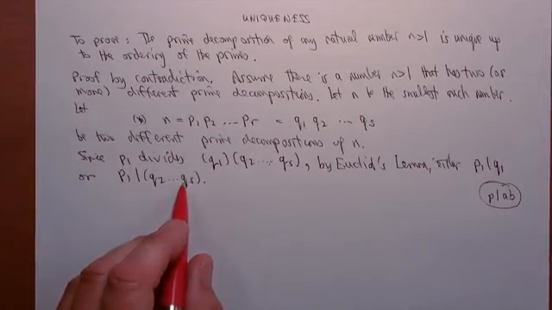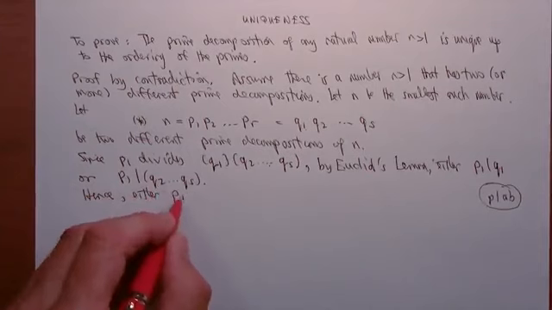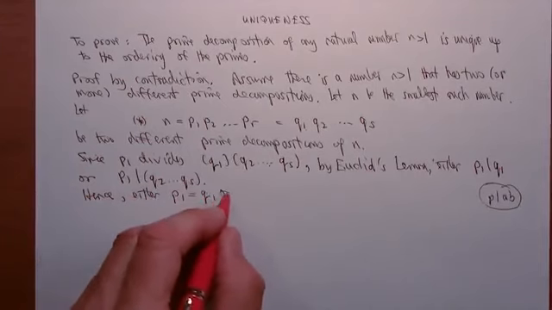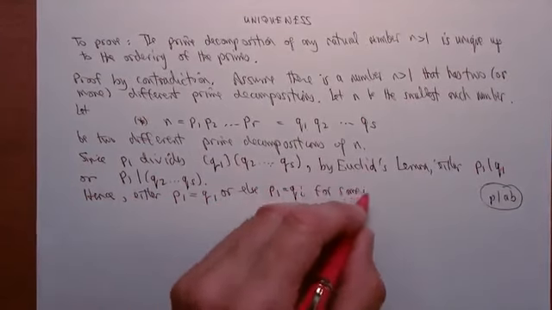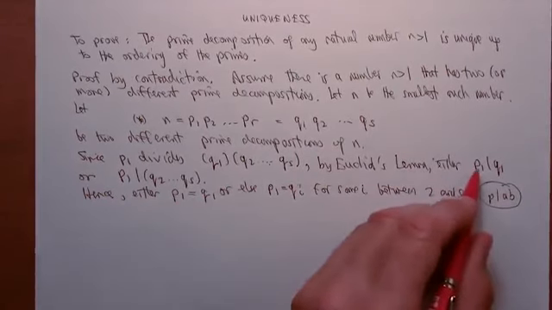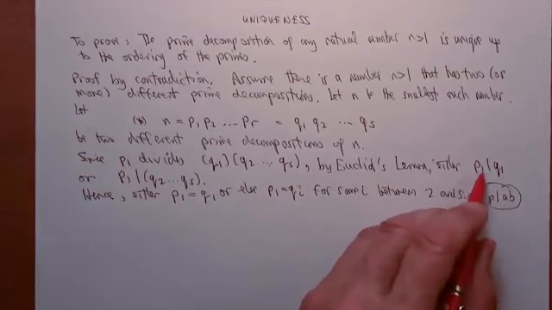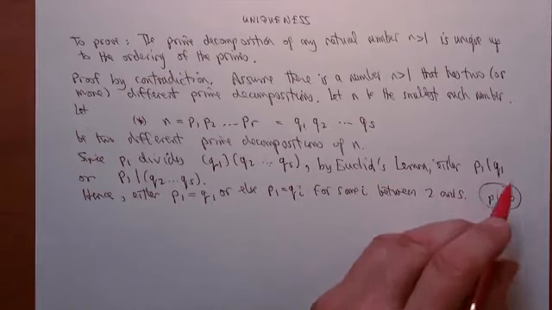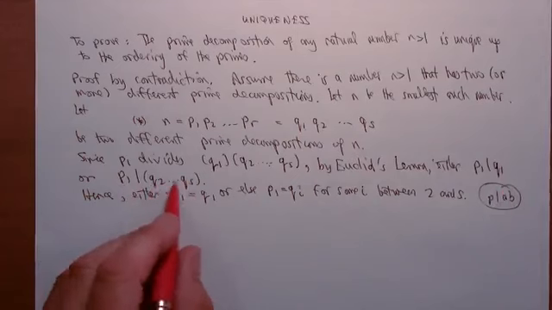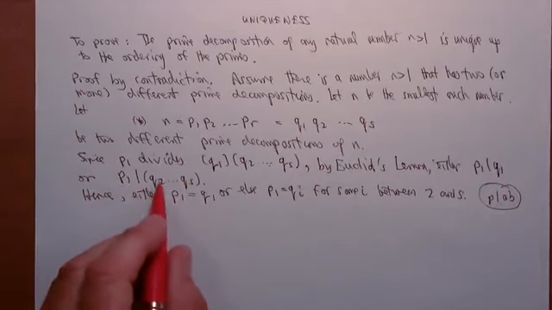Okay? Hence, either p1 equals q1, or else p1 equals qi for some i between 2 and s. Okay? If p1 divides q1, then they're both primes, so the only possibility is that p1 equals q1. Or else p1 divides this product of primes, which means that p1 actually is one of those primes.